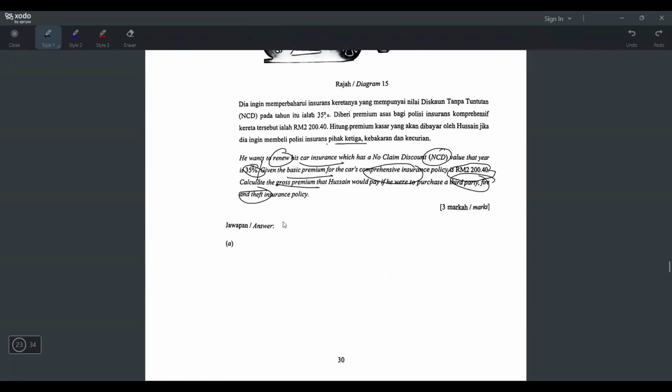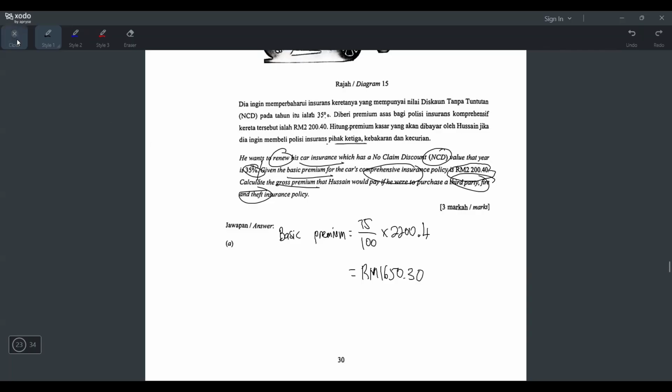So what I'll write here is basic premium first. Basic premium for third party fire and theft will be 75% times 2200.4. And I have to press the calculator to see what I get. Okay, so let me press. Okay, my calculator gives me 1650.3. Let's write RM 1650.3.